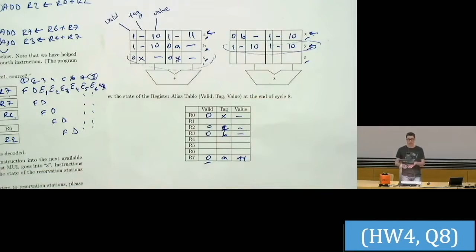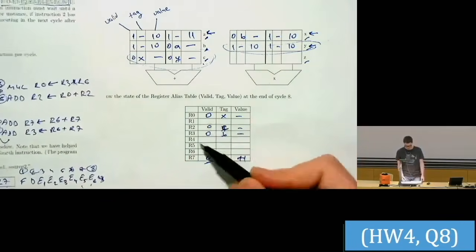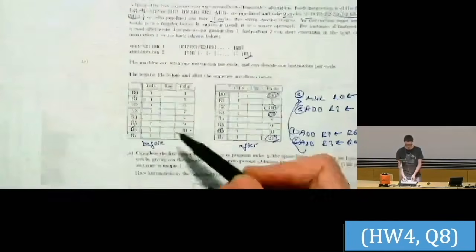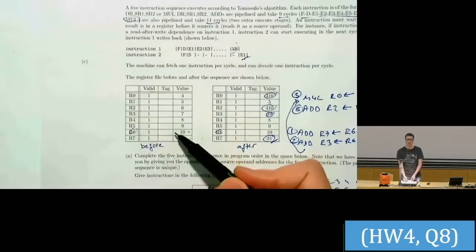So if you do everything sequentially, you will see that every instruction is getting the correct value, and at the end you have the final values in the register file. Okay, and the rest of this register alias table is basically the same as before.